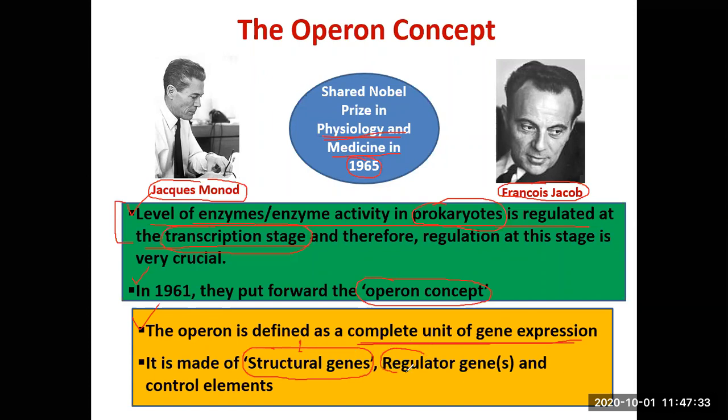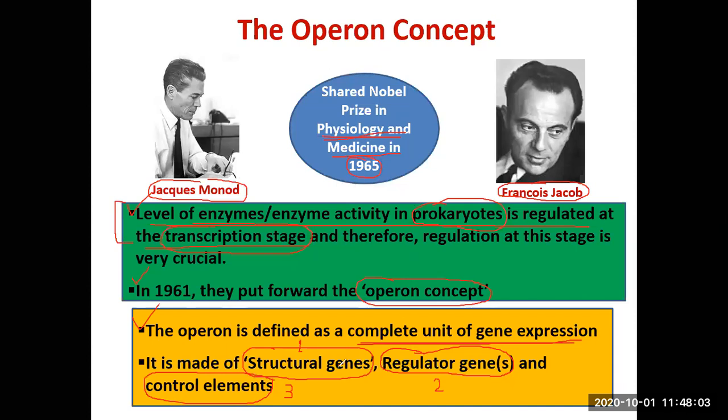The second component is the regulator gene or genes. There is usually only one regulator gene, but in some cases there may be more than one. So this is component number 2. And the third component is control elements. This is component number 3. These are the components of the operon, the operon model proposed by Jacob and Monod.